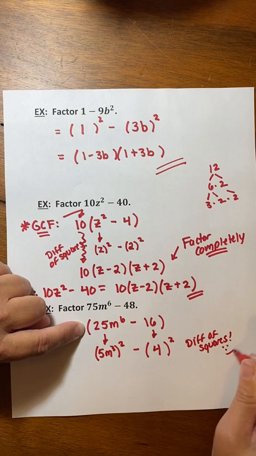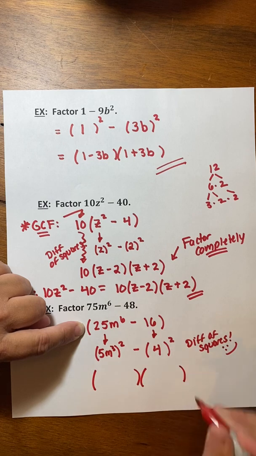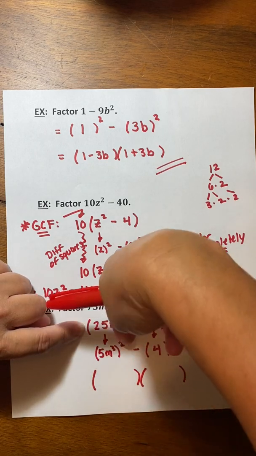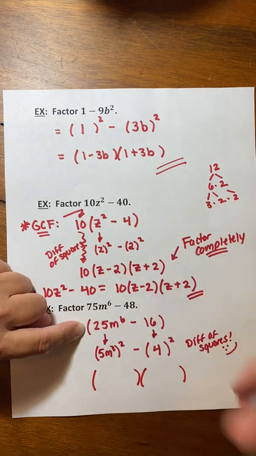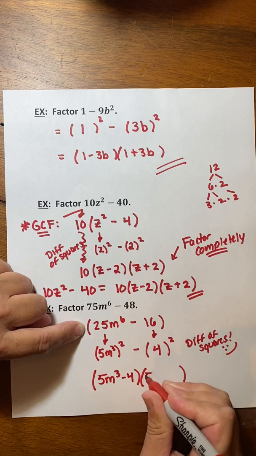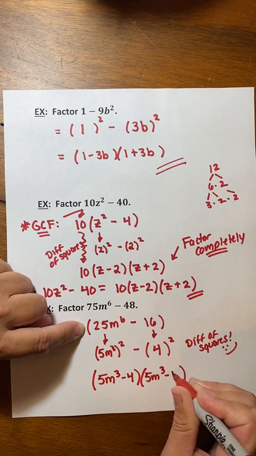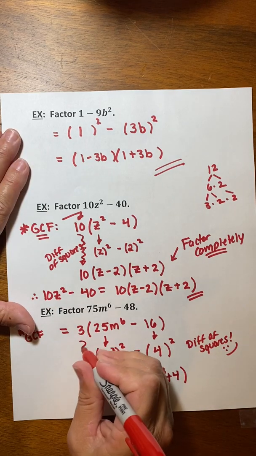And we get super excited when we see difference of squares because we know the difference of squares factors. You just cover the powers, and it's going to be 5m cubed minus 4. And then this is going to be 5m cubed, but we're going to change it to plus 4. And then don't forget this guy.